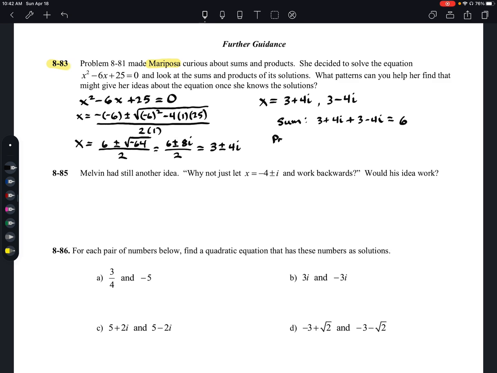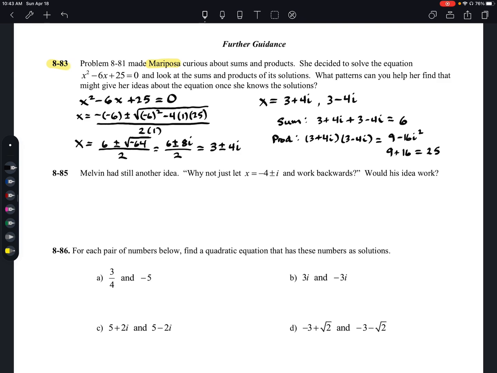If I find the product of these two roots, 3 plus 4i times 3 minus 4i, I should get 9 minus 16i squared, which is 9 minus 16 times -1, or 9 plus 16, which gives me 25.